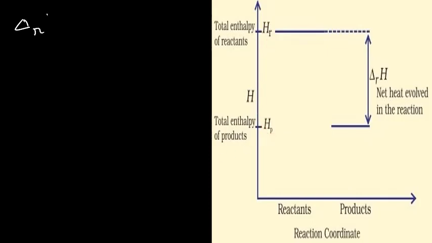Therefore, delta RH means heat of reaction or energy change in the reaction. Delta RH is equal to sigma HP minus sigma HR, that is the sum of the enthalpies of all the products minus the sum of the enthalpies of all the reactants.